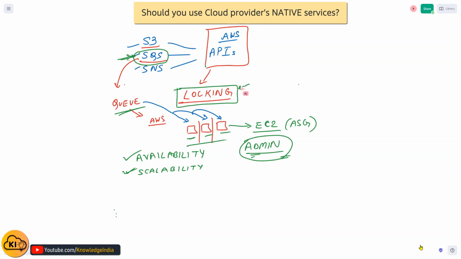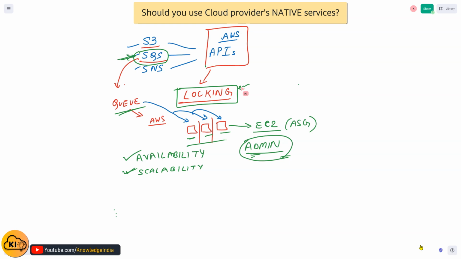It's a matter of fact that yes, if you have to change a particular component in your application architecture, it would lead to some amount of rewriting of your code, no doubt. So for example, if you are using SQS today and if you start using some other queue solution tomorrow, it would lead to rewriting certain parts of your code.